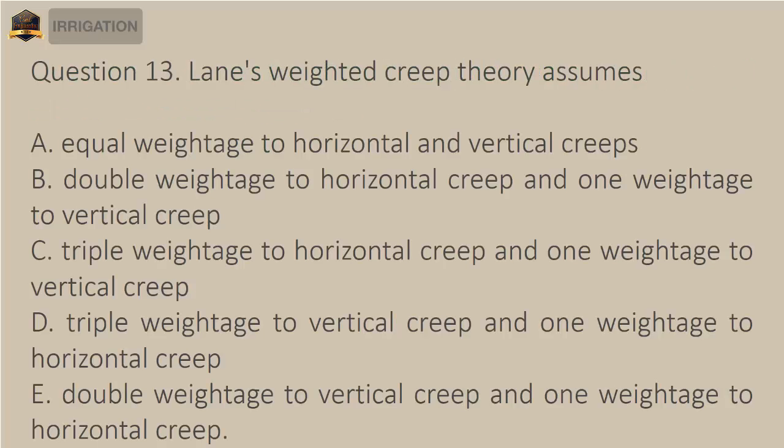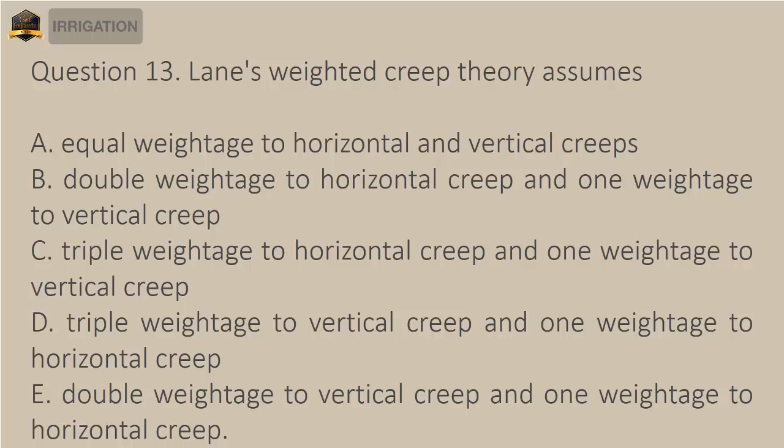Question 13. Lane's weighted creep theory assumes A. Equal weightage to horizontal and vertical creeps. B. Double weightage to horizontal creep and 1 weightage to vertical creep. C. Triple weightage to horizontal creep and 1 weightage to vertical creep.